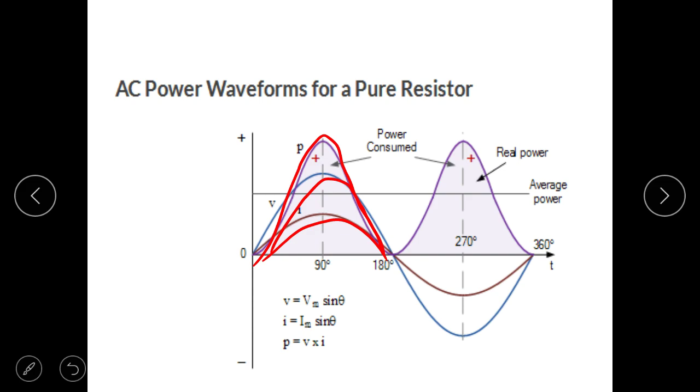So power in a pure resistive circuit is the product of voltage and current, that is equal to DC power. It means there is no negative power in this waveform. So a resistance does not store any power. It only dissipates power in the form of heat.